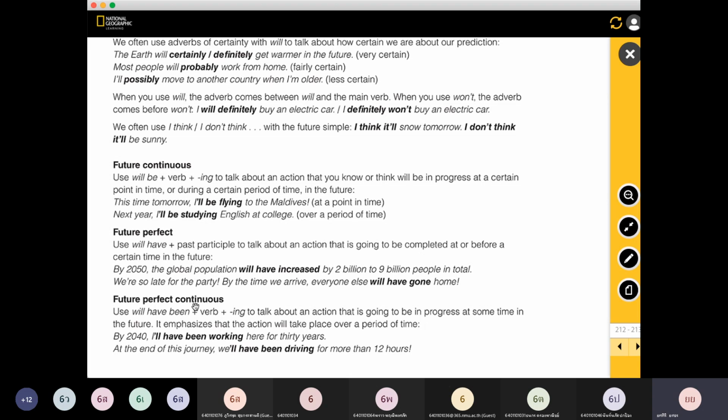And we use future perfect continuous to talk about a continuous action that will fulfill something in the future. I hope it won't be too complicated, and I believe you will be able to distinguish them.